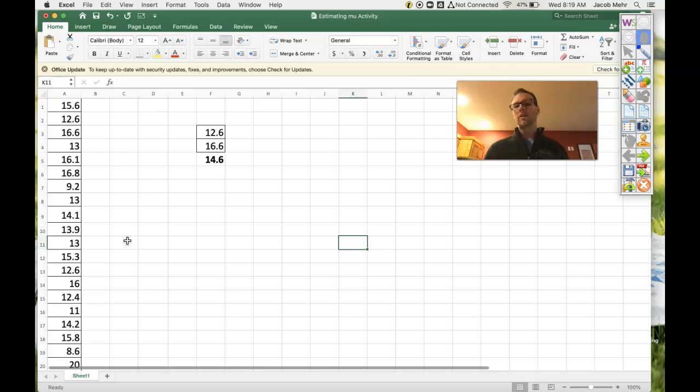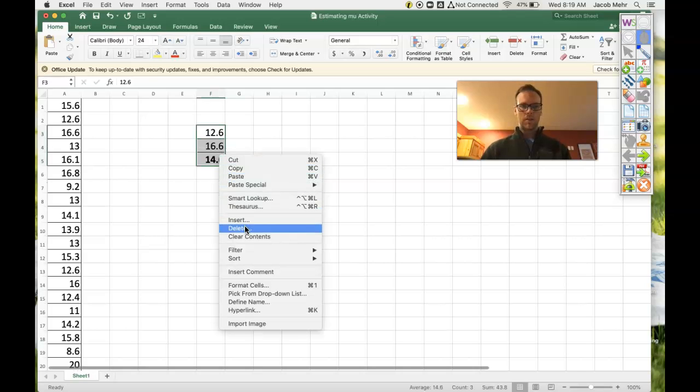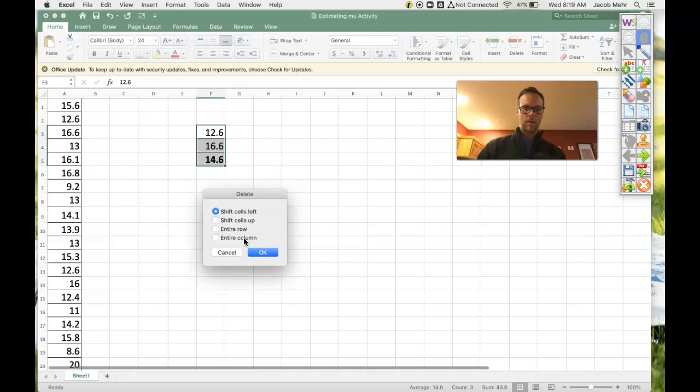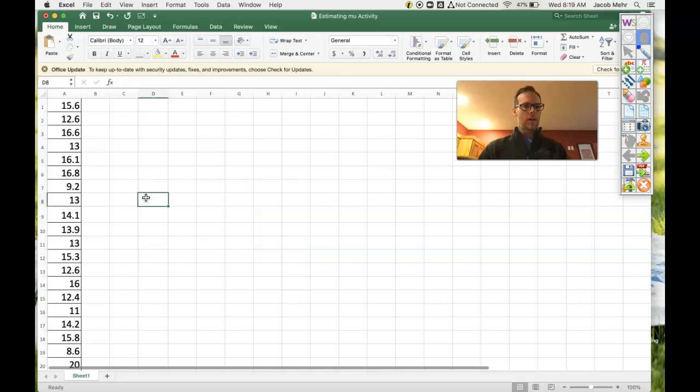How could I get a better approximation of this? Well, instead of selecting 2, what if I selected 4? All right, so here we go. Let's pick that one. Again, this would be random if I was doing this the right way. Whoops, I just changed that number.